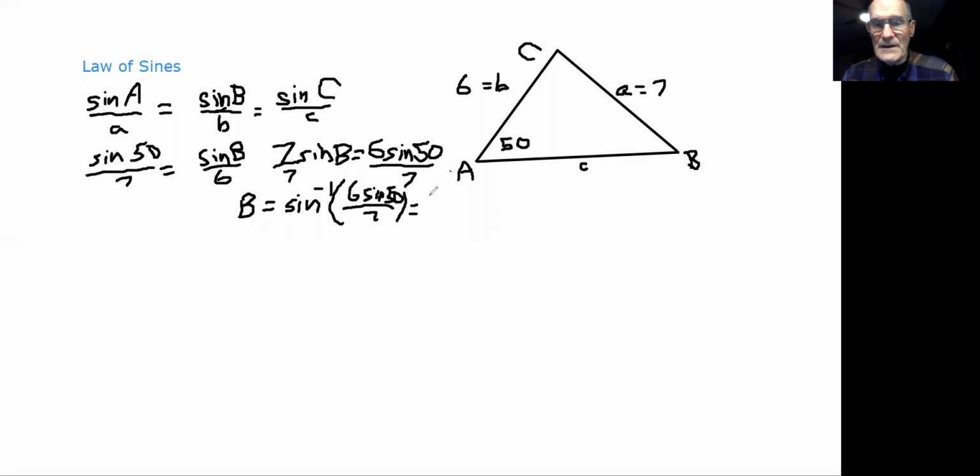So angle B is 41 degrees. Now I can go ahead and put 41 here.